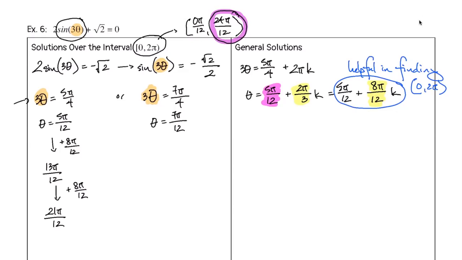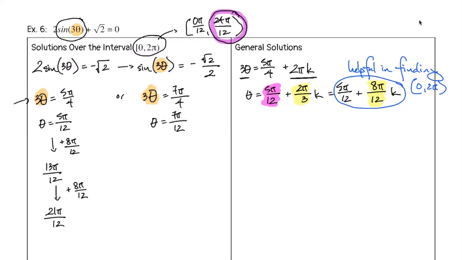So just to make sure I'm understanding this right, basically we're adding 8 pi over 12 to get as close as we can to 2 pi, or 24 pi over 12, to see how many times we can go around the unit circle, sort of. Yes, the thing is, because we were looking for 3 theta, that's where we get the full rotation, okay?